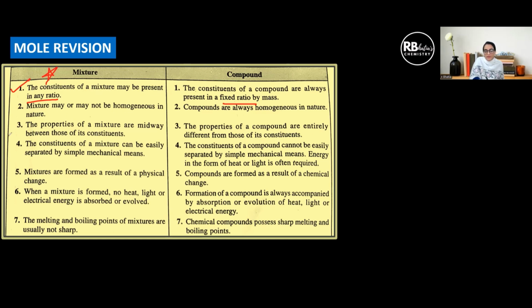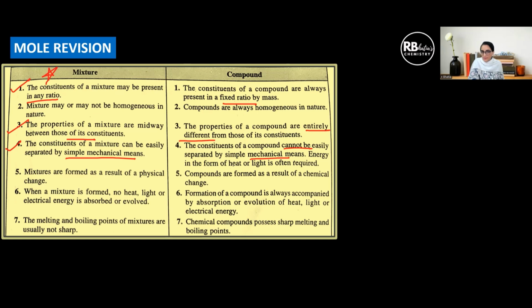Then, second point is properties are midway between those of its constituents. That means the properties are not different. The properties of the mixture are basically similar to the properties of the components, whereas here the properties are entirely different. Then third point is separation, separated by simple mechanical means, but here cannot be separated by mechanical.